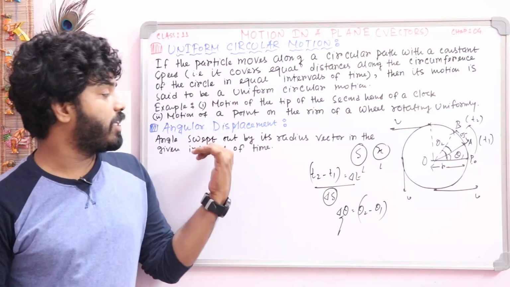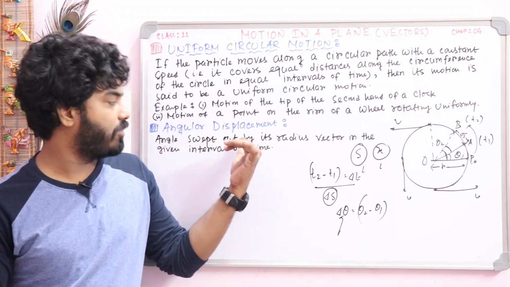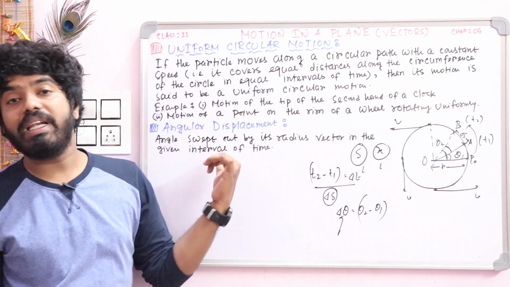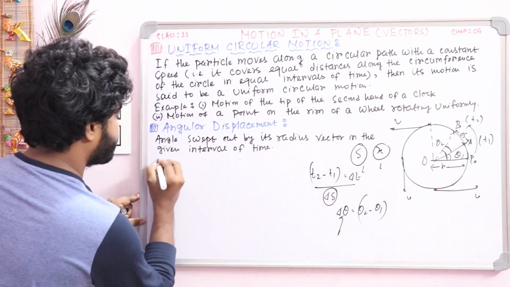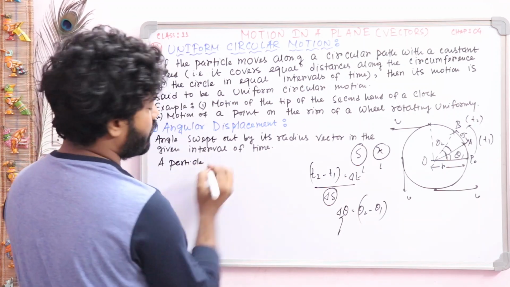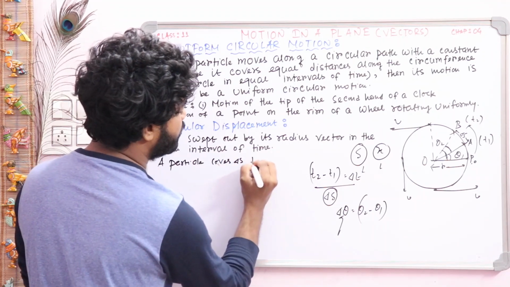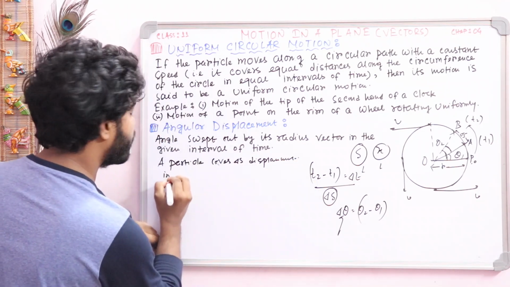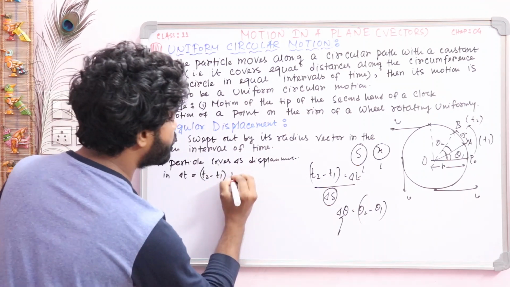So the angular displacement of a particle is defined as the angular shift covered by its radius vector in a given interval of time. Here a particle covers del s displacement in del t, that is t2 minus t1 interval of time.